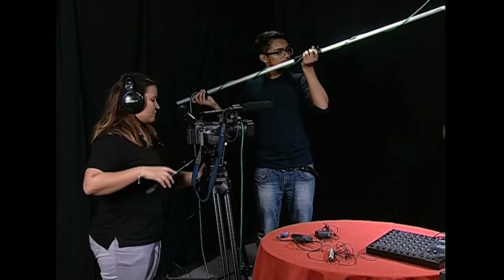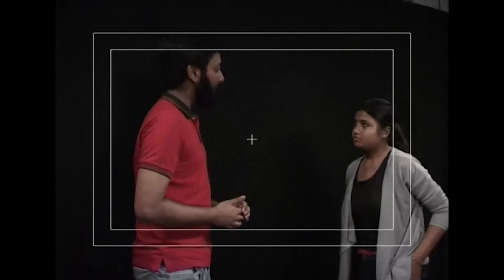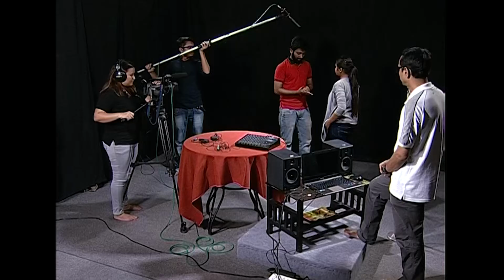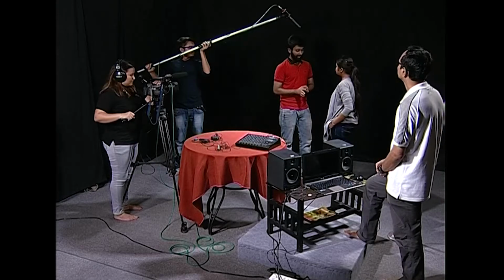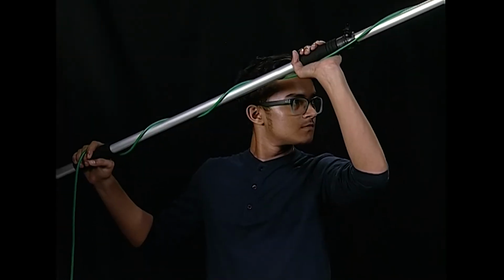Camera rolling. Action. Yesterday I was talking with Bose about our new project, the film I'm making on Lalon Fakir. So for that I have to go to Bangladesh and Shantiniketan. So Shantiniketan is sorted. But for Bangladesh I have to get my passport and visa, and to add to that I have lost my voter ID card. Okay. So how should I go about the process? Like how should I make the passport?